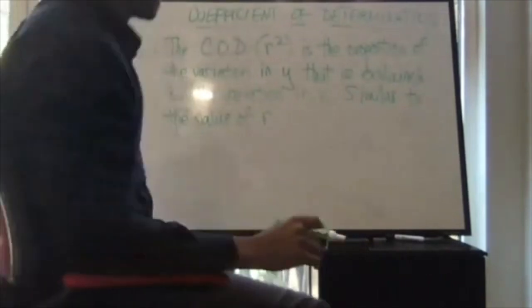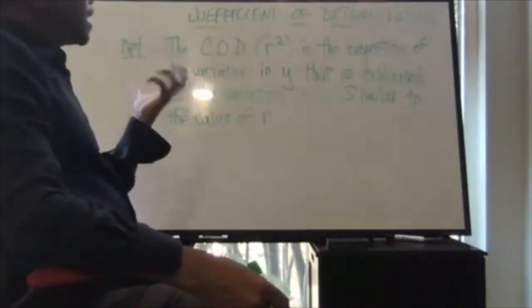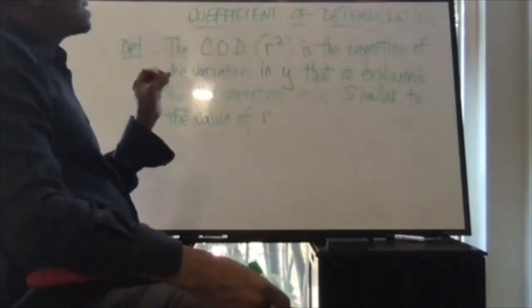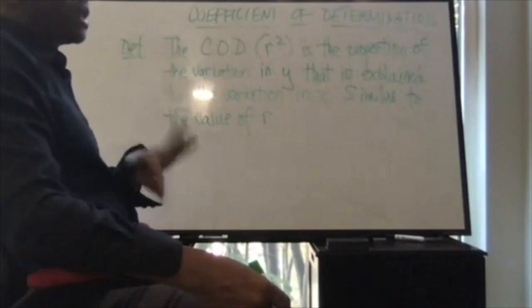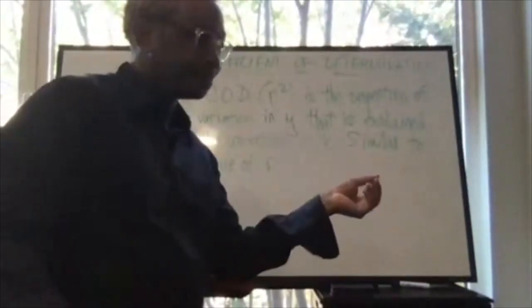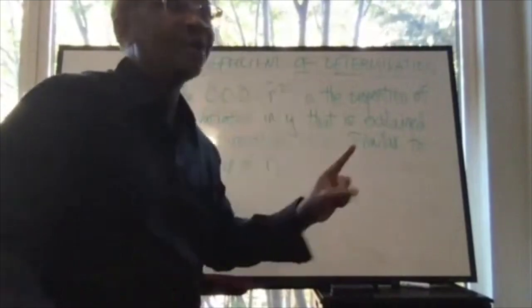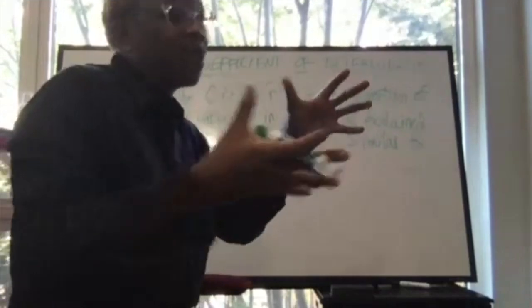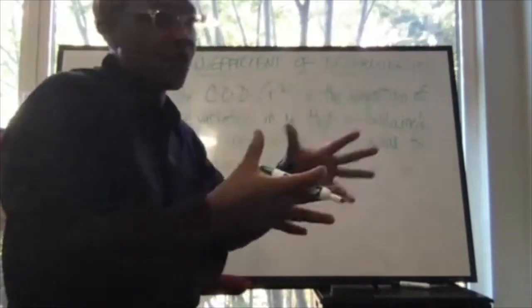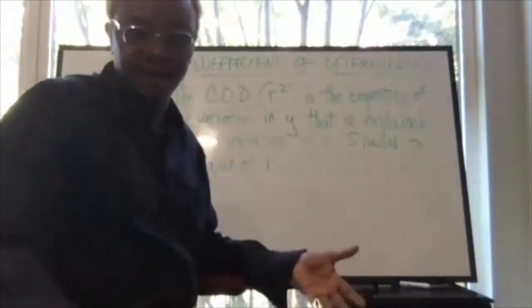So in other words, both of these statistics give you a sense of how one variable relates to the other, but they just present it in different ways. So say, for example, we just talked about R. And when you talk about R, which is the correlation coefficient, that gives you a sense of not only how close or not close the two variables are, but in what direction, whether it's a positive correlation or a negative correlation.